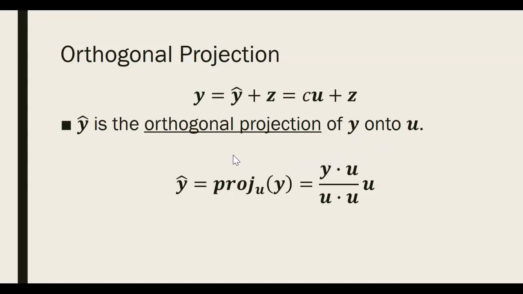It's denoted by proj, for projection, of y, with a little subscript u, and it's just the coefficient we just found multiplied times vector u. Remember, these inner products are giving us real numbers, so this is just some real number fraction multiplied times u. So this is going to be a vector itself.